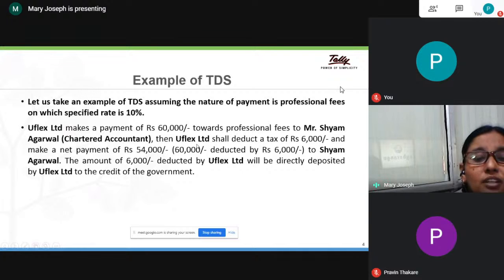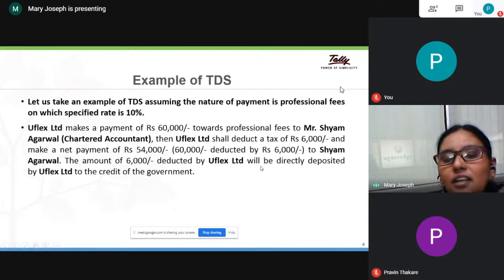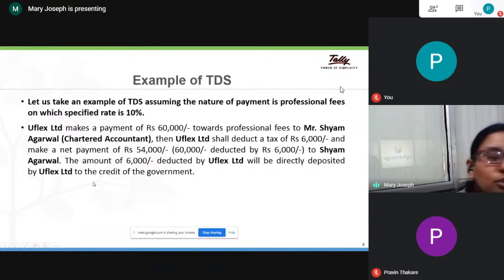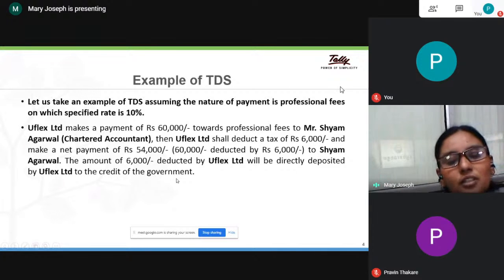Then Uflix Limited shall deduct a tax of rupees 6,000 and make a net payment of rupees 54,000, meaning 60,000 less rupees 6,000, to Shyam Agarwal. The rupees 6,000 deducted by Uflix Limited will be deposited by Uflix Limited to the credit of the government.